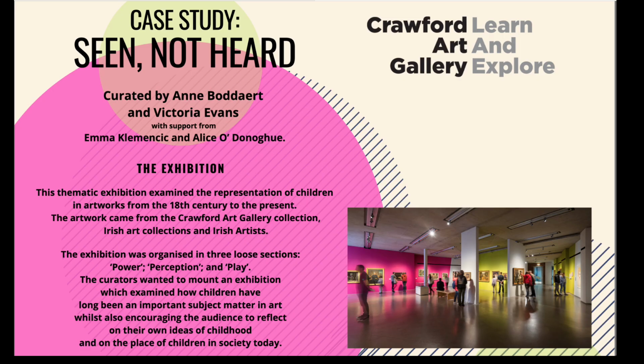And you can see in the illustration there, people looking at the paintings coming from the Crawford's own collection, and we can expect that this would have been a very popular exhibition with both young people and adults, and so this is how the curators would have chosen those works for the public to engage with. And Seen and Not Heard, of course, is what children would have been expected to do in the 19th century.